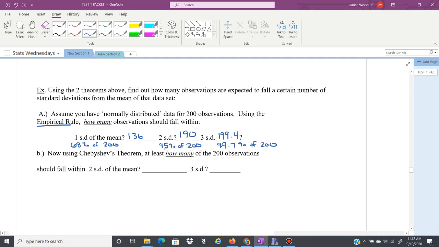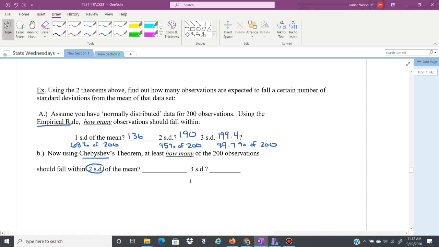Okay, now using Chebyshev's, same thing, 200 observations. So what was the percent with Chebyshev's theorem for 2? Do we remember?